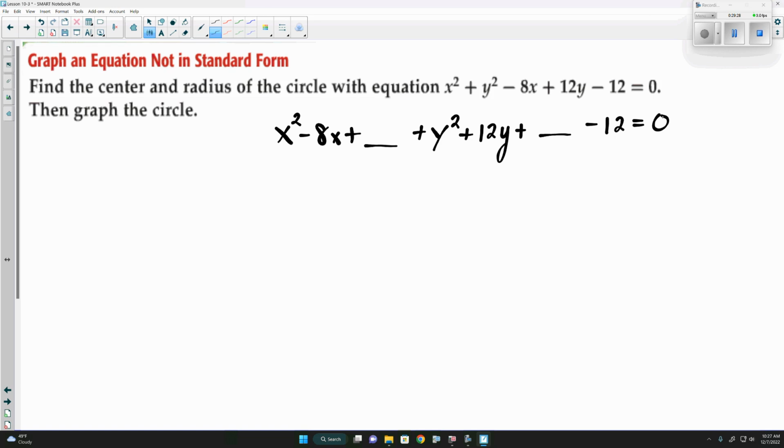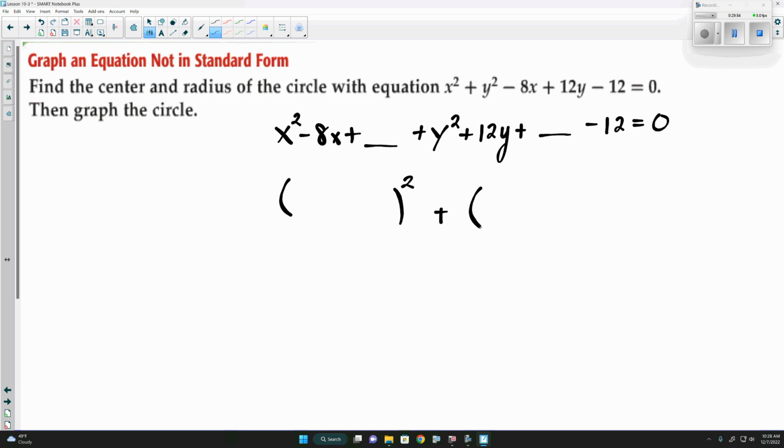And what both of those are is what we call a perfect square trinomial, a set of parentheses multiplied by itself. We've done these before. We did these in chapter 3, completing the square. We left 2 blanks here because I'm going to rewrite this as a set of parentheses squared.